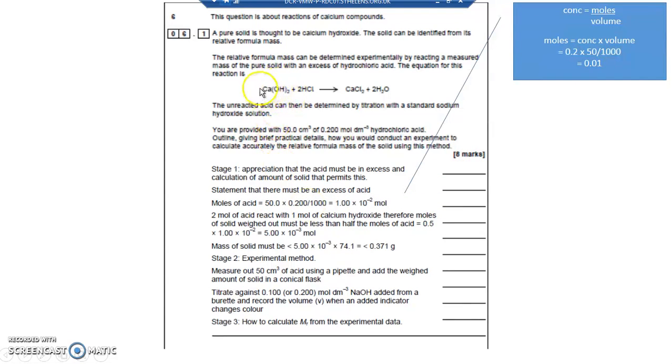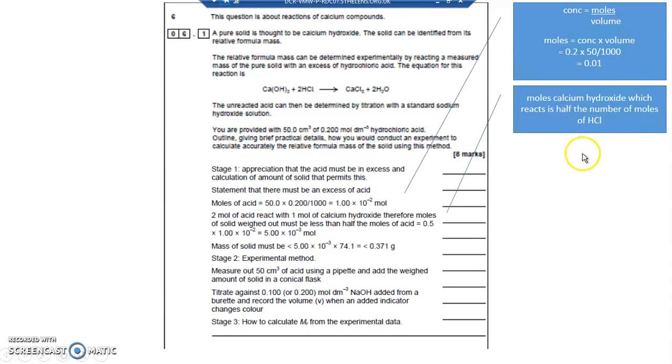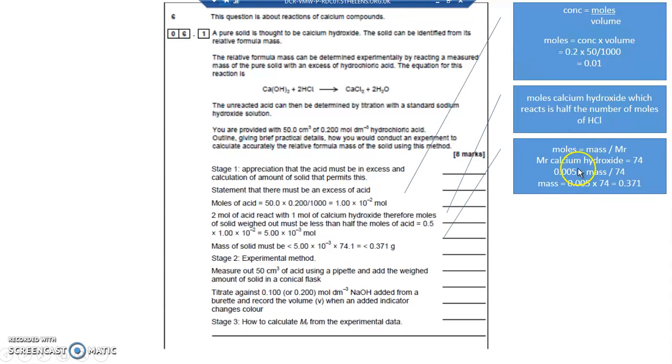So experimentally, how much calcium hydroxide would we use? 1 mole of calcium hydroxide reacts with 2 moles of acid. So if we take that number and divide by 2, that comes out as 0.005. Now, how many grams of calcium hydroxide are we going to need?